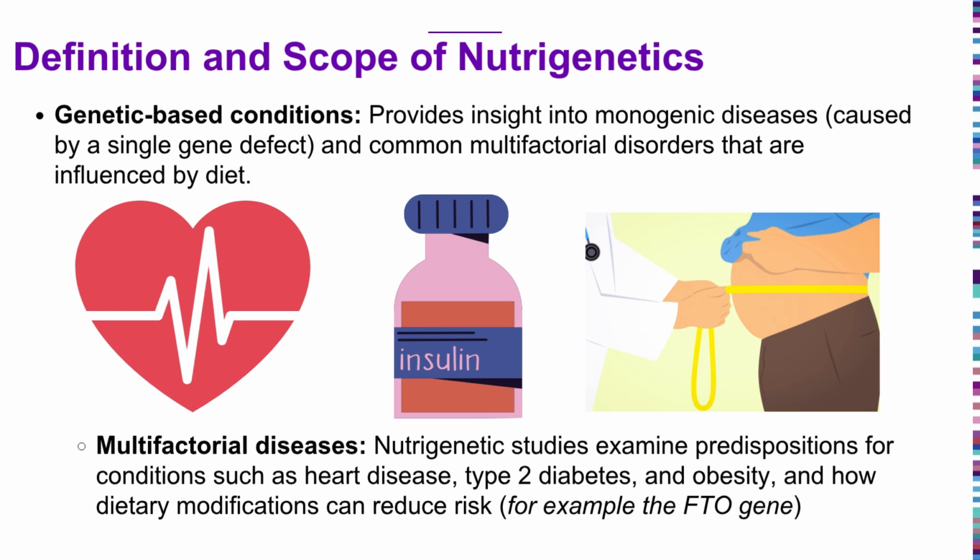In relation to multifactorial diseases, there are many nutrigenetic studies examining the predisposition for things like heart disease and type 2 diabetes or obesity. And they're attempting to determine if diet modifications can reduce the risk. One gene that has been studied in relation to obesity is the FTO gene, which we will talk about more in a later lecture.